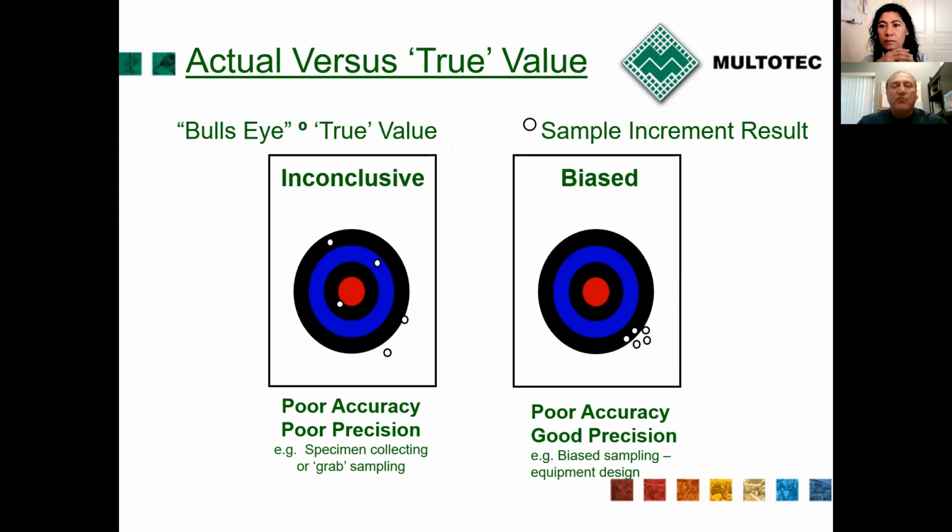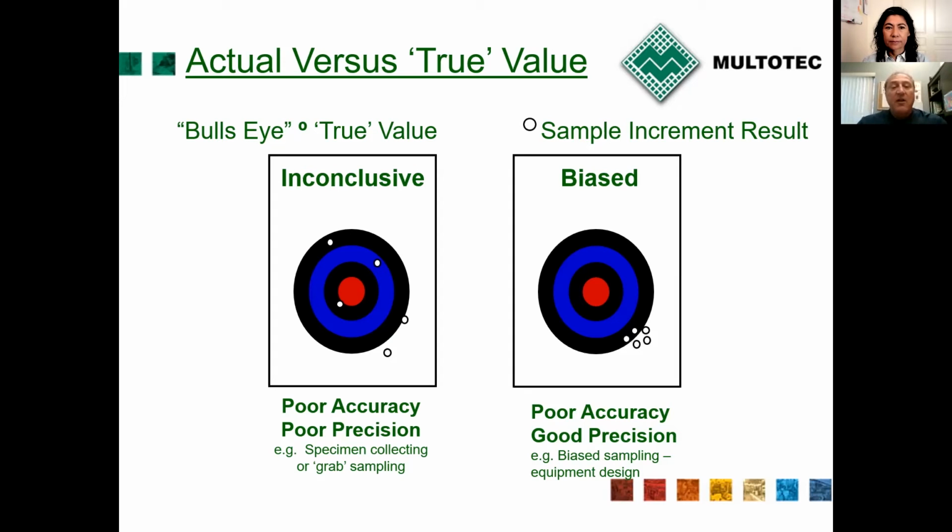None of the measurements would be similar, and therefore what you're measuring is more or less useless. When you have poor accuracy but good precision, it means that you are far away from the true result, which is the bullseye, but you are reproducing it efficiently because every time you take a measurement, it gives the same one.